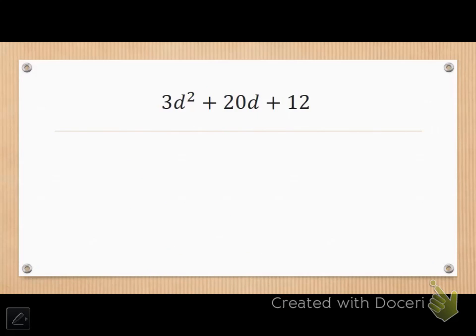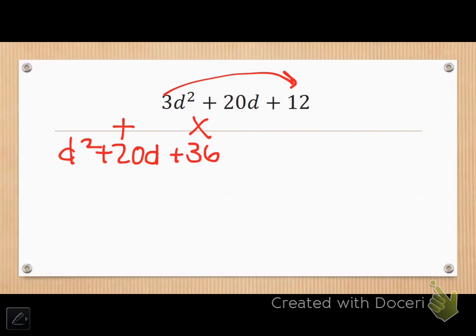Okay, let's see if there's anything we can pull out. See if any of them are divisible by 3. 20 is not, so we can't do that, so we're just going to send this back. So things that multiply to get me 36, add to get me 20. Got 6 times 6. There's 2 plus signs, so we don't have to worry about negatives in this sense.